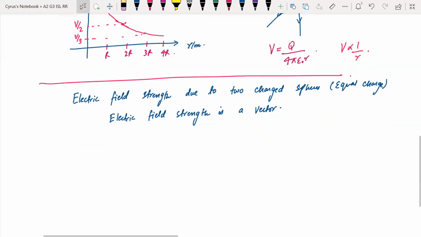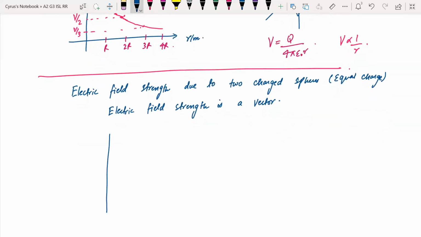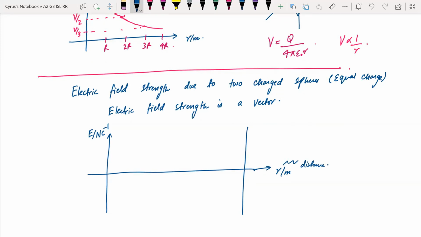So we have here the electric field strength like this on the y-axis. I'll call this Newton per coulomb. This r is the distance, let's say, and we have here two charges which are like this. This is one charge, there's another charge here, right?